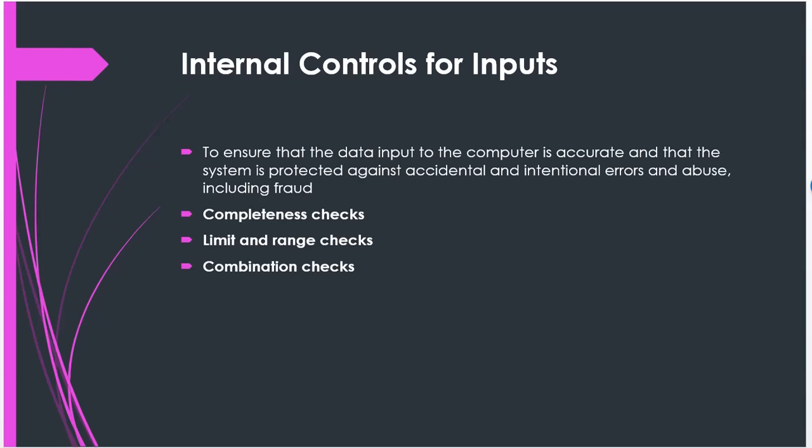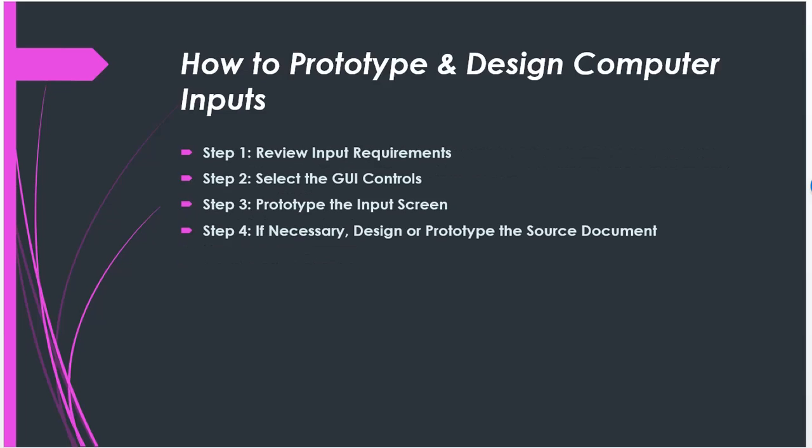For example, you could be using a decision table to do this. So you're looking at combination checks to make sure that the right combinations of information are available. So this is just a process on how you can come up with an input process, but it's quite simple really, and we'll cover this when we look at the user interface design topic.